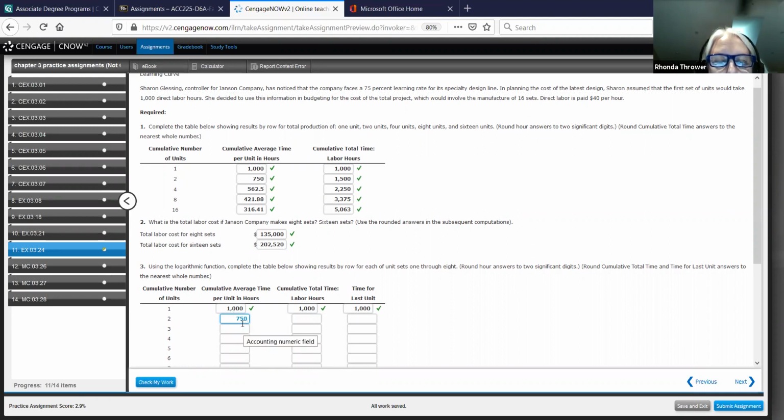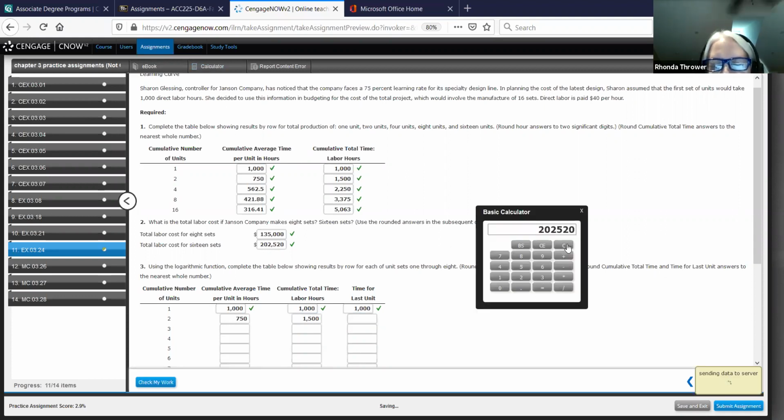And then we multiplied 750 times 2 to get the 1,500 hours. Notice it starts out being exactly the same. And what I want to show you here is the time for the last unit.